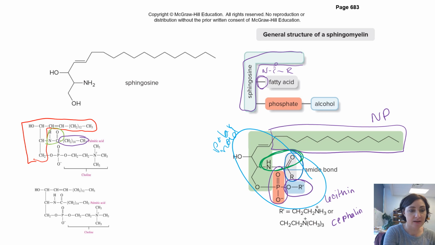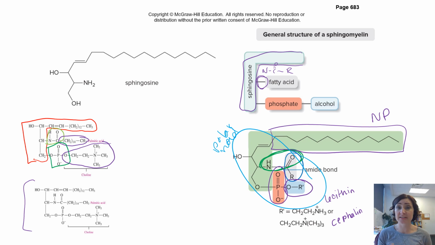In a different color, my phosphodiester bond, and then I have my alcohol group, my amino alcohol. In this case, this is choline. So if I were to give you these structures on a test, I would expect you to be able to, based on a structure similar to this, identify is this a triacylglycerol, a phosphoacylglycerol, or a sphingomyelin.